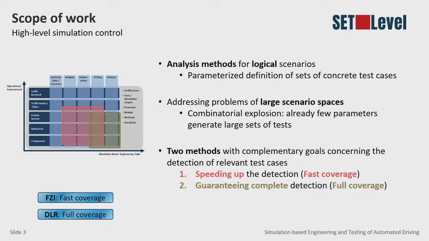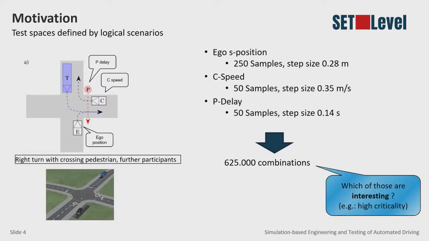So, look at the problem domain. We are given a logical scenario. Here's a simple one. The ego car coming from the bottom, this E-vehicle turns right, and there's a pedestrian who crosses the street, and there are two other traffic participants.